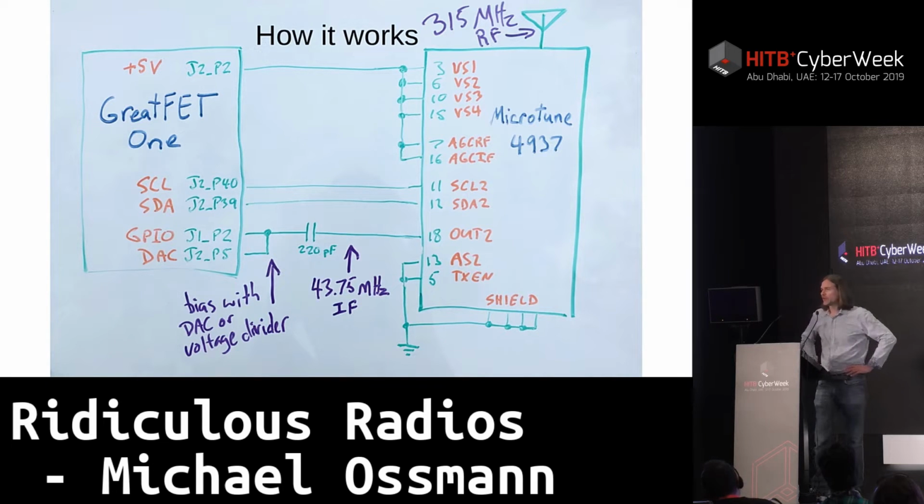So the capacitor basically passes radio signals, even fairly low frequency ones, but it blocks DC, which is like a bias voltage.